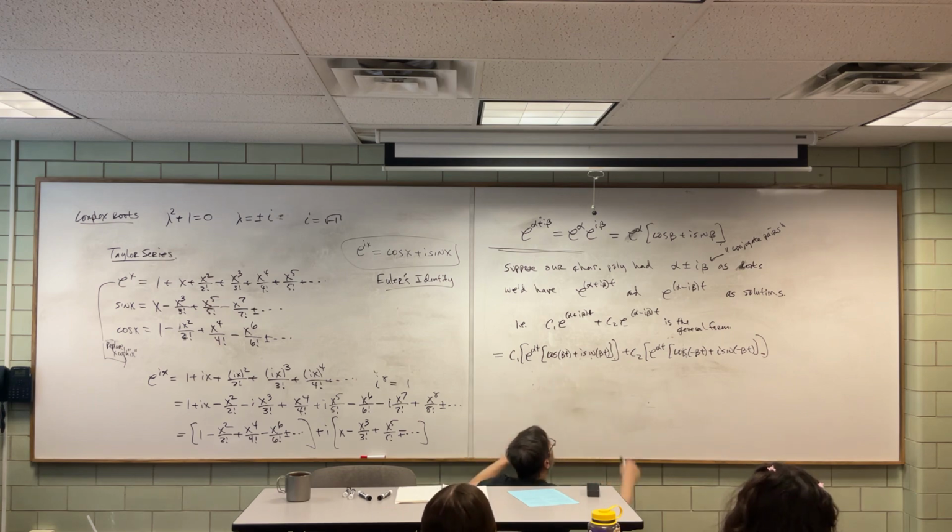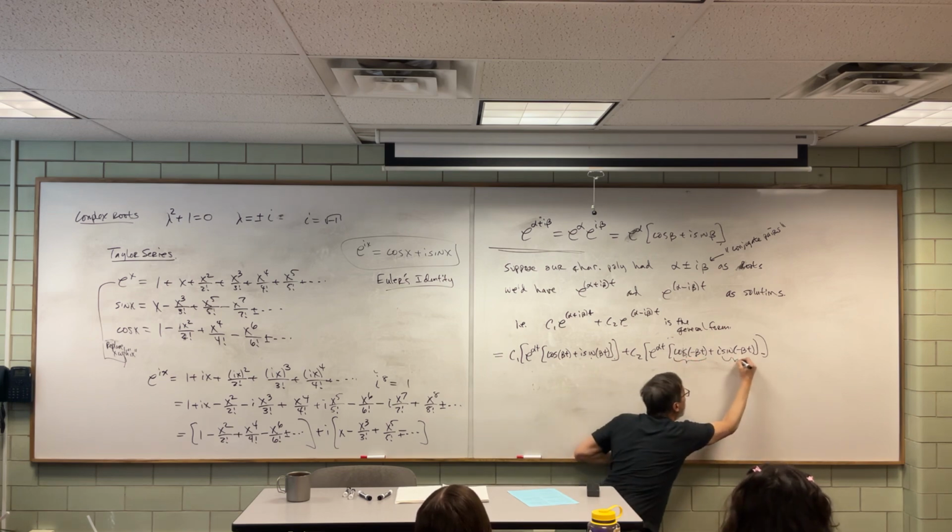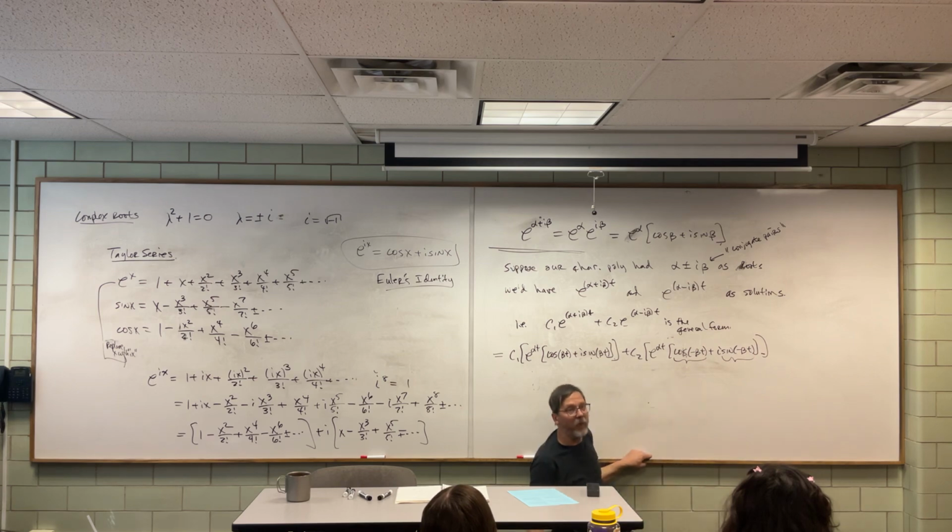So stuff here can be grouped. How could I rewrite this? Can I rewrite either of those using odd and even properties? Is cosine even or odd? Well, then it's even.